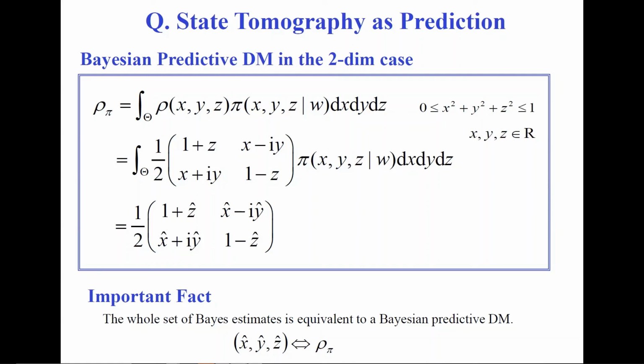And if we determine a certain Bayesian predictive density matrix, rho pi, then we can obtain the Bayes estimate of each parameter. This is a very important fact for evaluating Bayes estimates in the setting of quantum state tomography. Now, in the next section, we obtain a certain extension of a classical Aitchison's result to quantum state tomography.